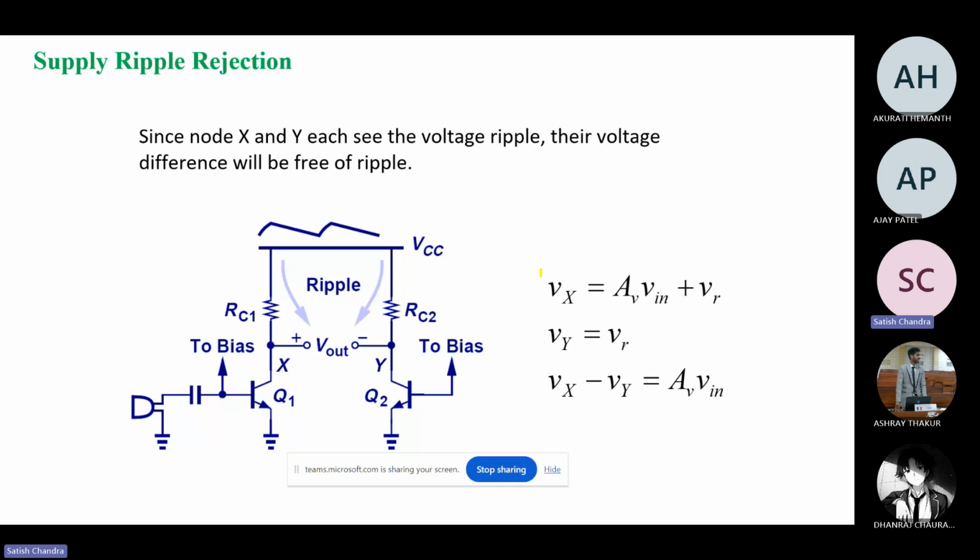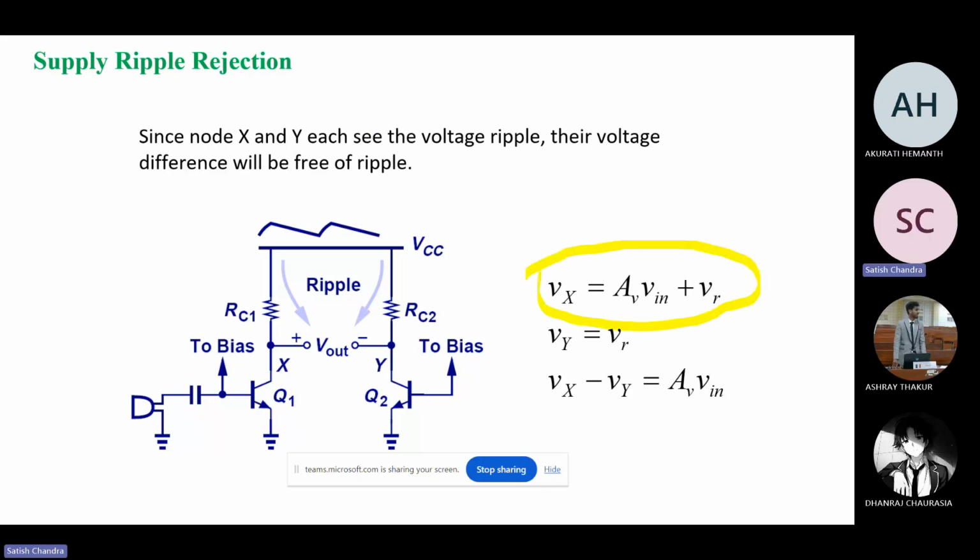This is the equation for Vx, where we get the amplified version of Vin, which is applied at this end, and along with it the humming noise at the output. Similarly, at this end we get the humming noise.